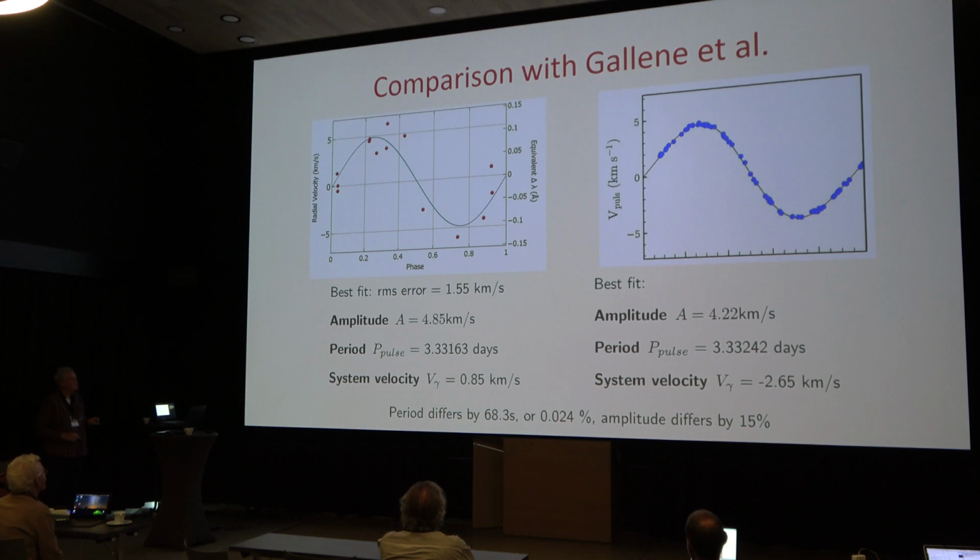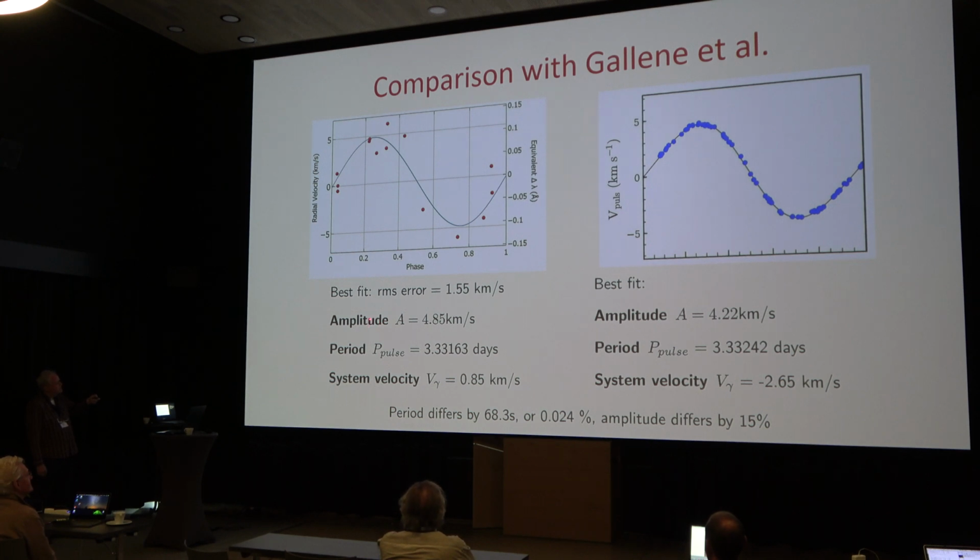So in more detail then, the RMS error, and I'm going to use this metric of merit quite a lot, for the best fit here was 1.55 kilometers per second. I don't know what theirs was, but it's going to be tiny, isn't it?